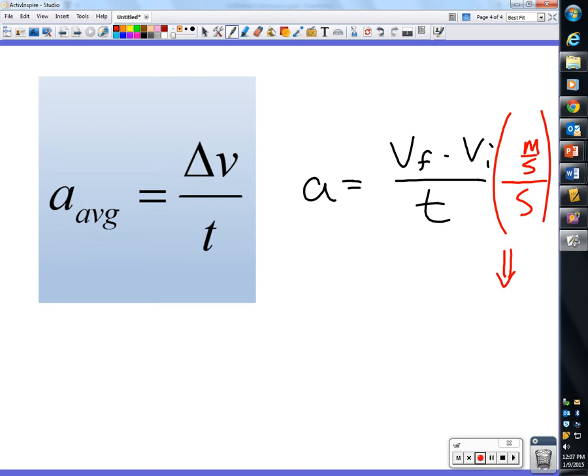This complex fraction gets simplified to look like this. Meters over seconds squared. While mathematically those two fractions are equivalent, meters over seconds squared can be misleading.